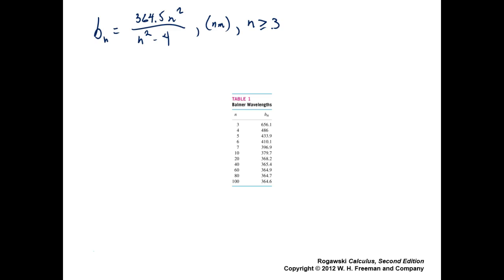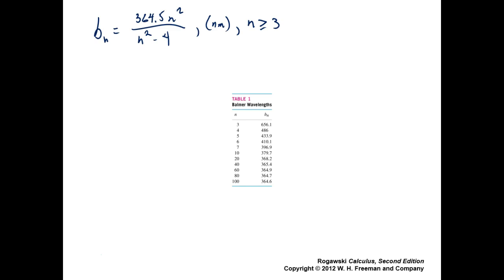Don't start anything below 3. Why? What's the first integer below 3? 2. What happens if you put a 2 in there? You get a 0 in the denominator. You can't do it, so don't do it. Don't try out n equals 0. That will give you a negative. I've never seen a negative wavelength. Have you?